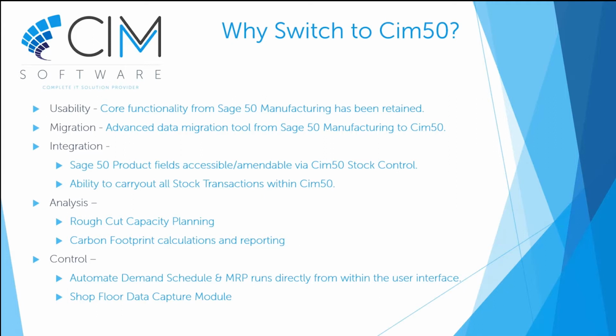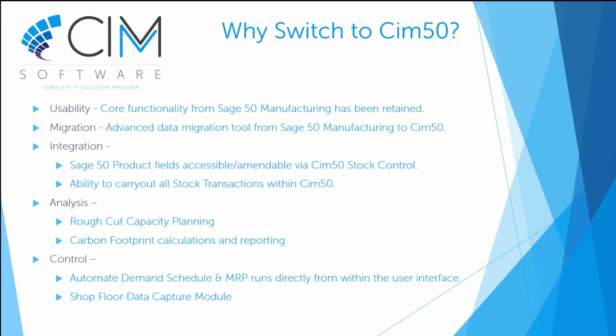We integrate with the Sage 50 product file, so every stock item in Sage 50 Accounts is accessible from Cim50, and we can carry out any stock transaction. So there's no need to flick between the two systems. We've made it an integrated solution and all of the functionality exists in Cim50 if you're dealing with stock control. From an analysis point of view, there's the rough cut capacity planning, and carbon footprint calculating with reporting of your carbon offset.